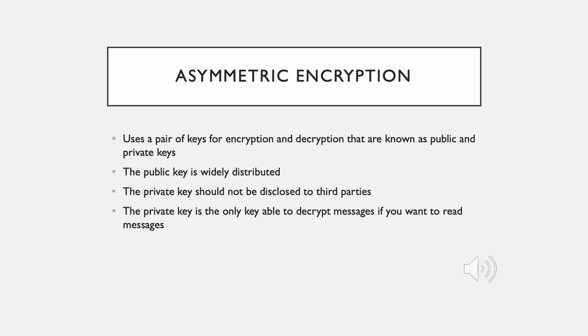SSH also employs asymmetric encryption, which involves a pair of keys, a public key and a private key. The public key is widely distributed, while the private key remains confidential. Any message encrypted with the public key can only be decrypted using the corresponding private key.